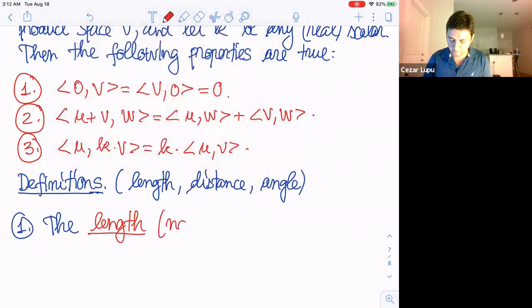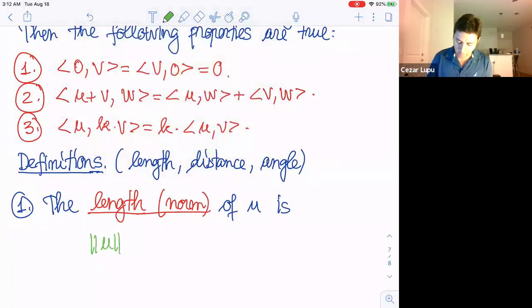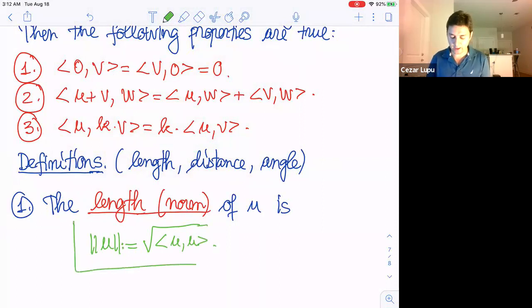Let's call it the norm of a vector u. It is denoted like this, and it is nothing else than the square root of the inner product between u and u, by the definition. This is how we define the length of a vector u in an abstract vector space.